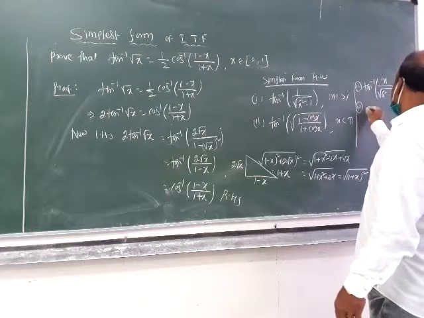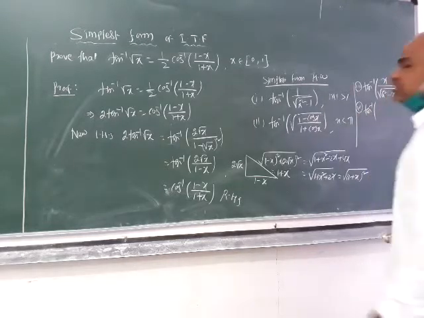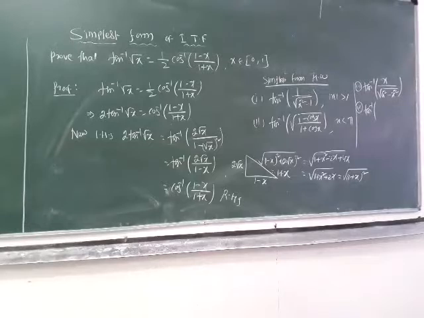And the fourth question is tan inverse of (3a square x minus x cube) upon (a cube minus 3a x square). It is a very, very important question.